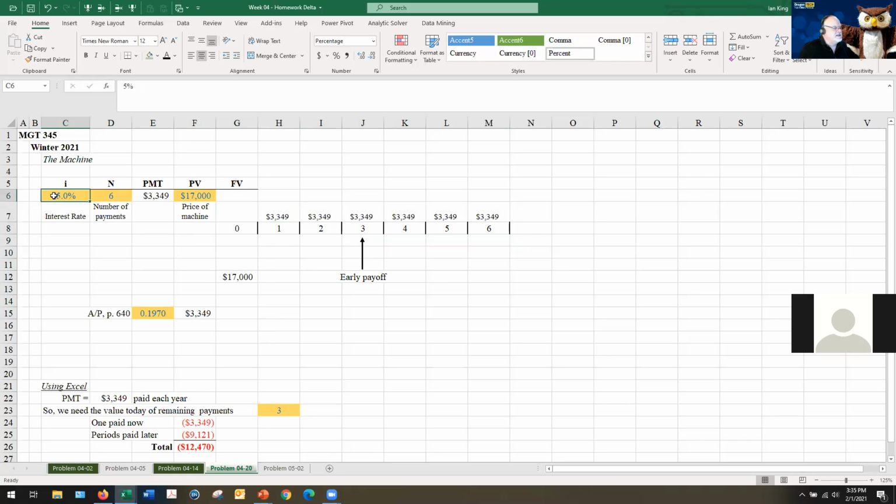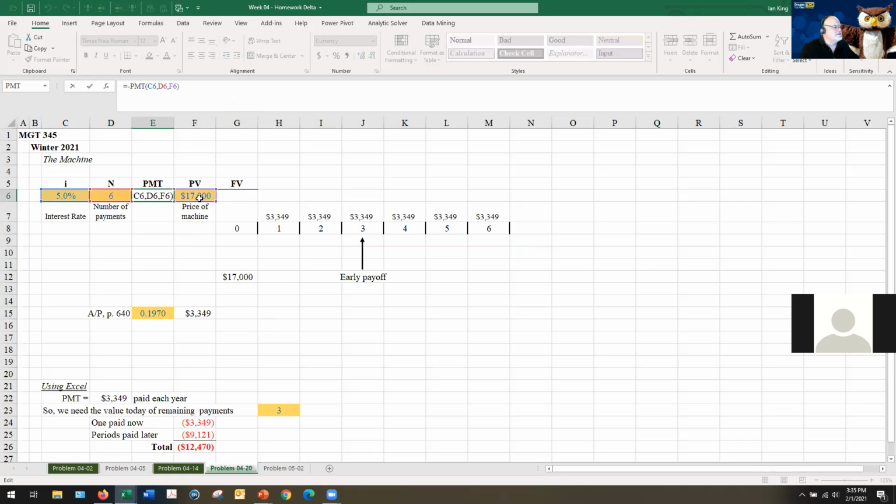For 6 years at 5%, that means at the end of year 1 you paid 3,349. You put in the payment amount, given $17,000, 6 years, 5%, and ask Excel to tell you what the payment would be. So by the time you get to the early payment period at the end of year 2, you've already paid this much.